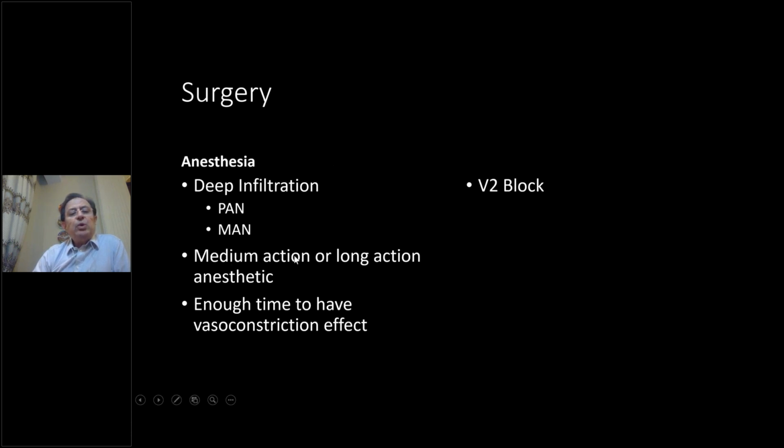It's better to use a medium-action or long-action anesthetic, and give it enough time to establish the vasoconstriction effect of the anesthetic injection. And rarely we need a V2 block.